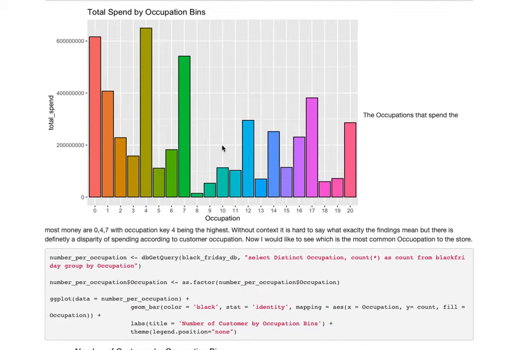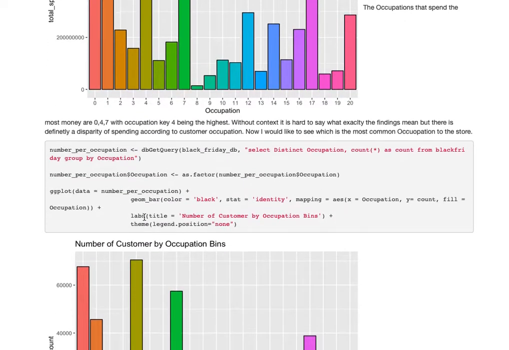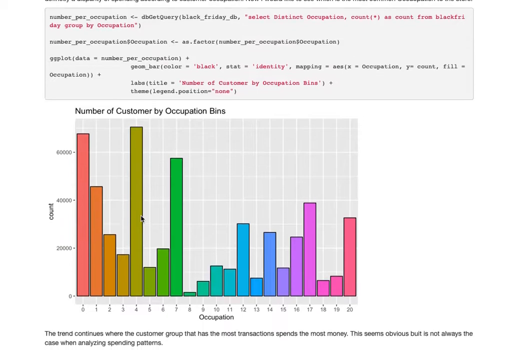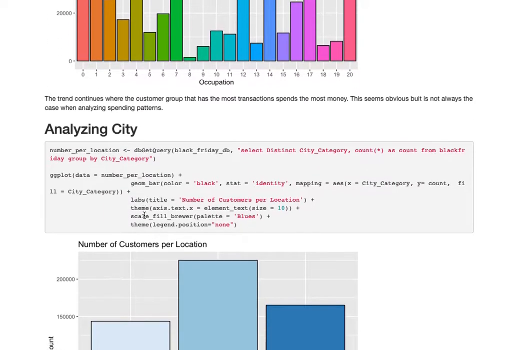It's unfortunate that this data is so anonymous. I wish I could say that, if category 4 was plumbers as an occupation, that plumbers are buying the most, and it might be a supply store, for example. But continuing on, I just wanted to see how they were distributed, if there was more of a trend there.